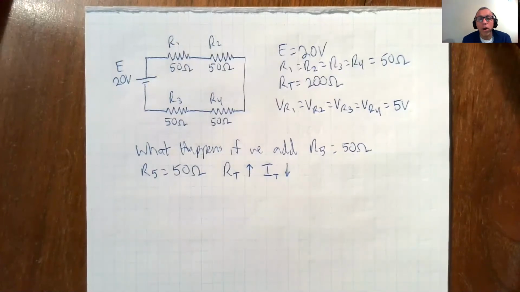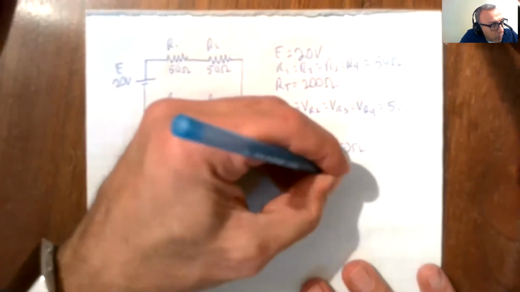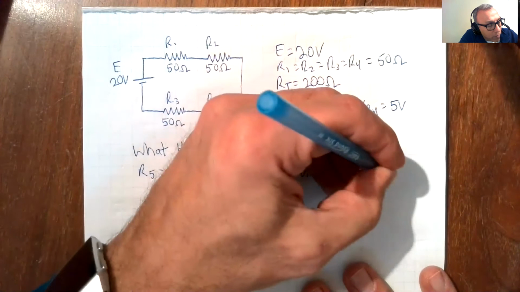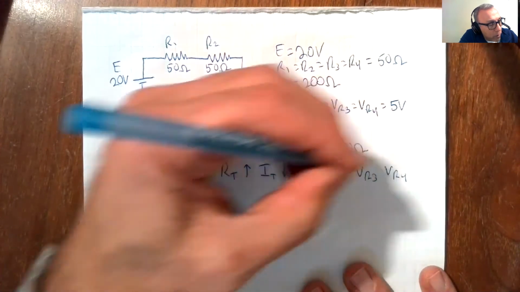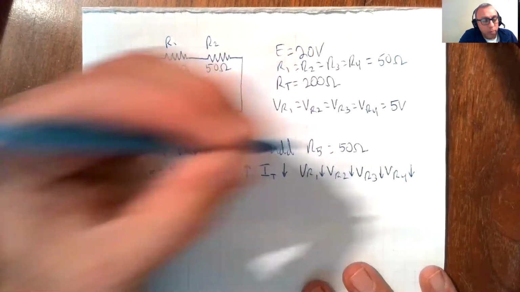So now VR1 is going to be 50 over, instead of being 50 over 200, it's going to be 50 over a greater number, which means that it's going to have less voltage. So VR1, VR2, VR3, and VR4 all went down.